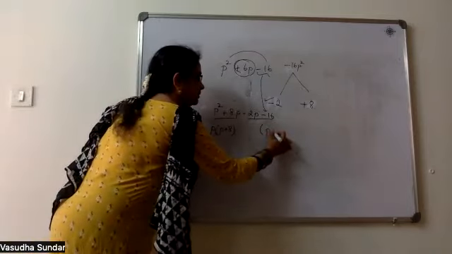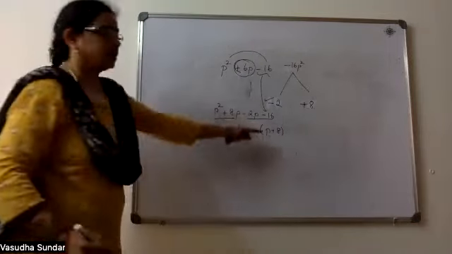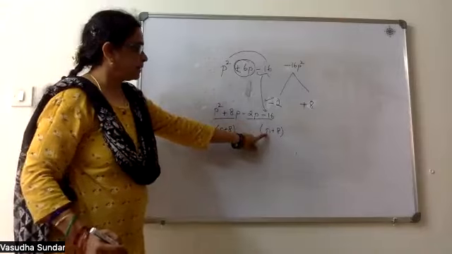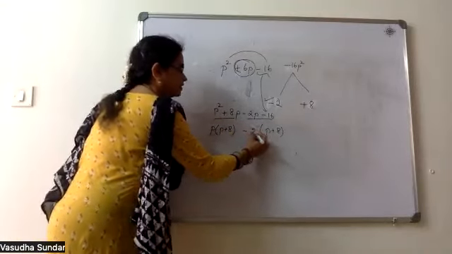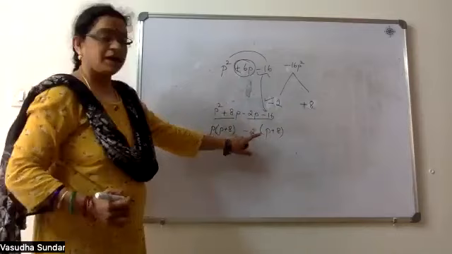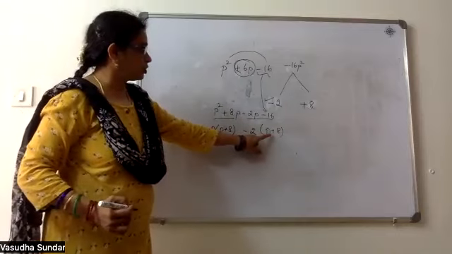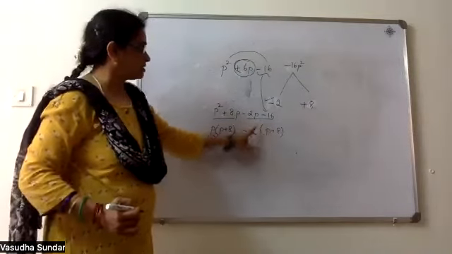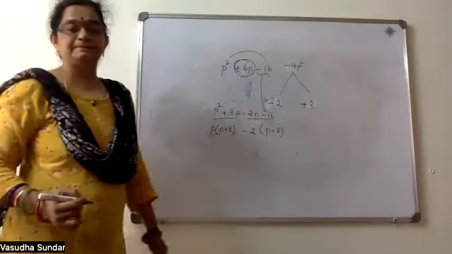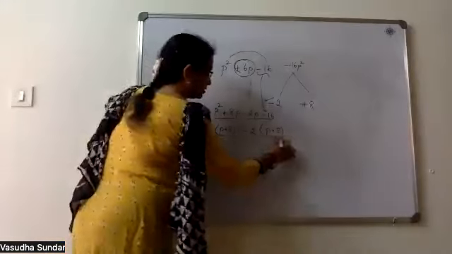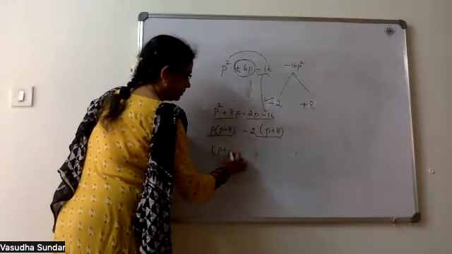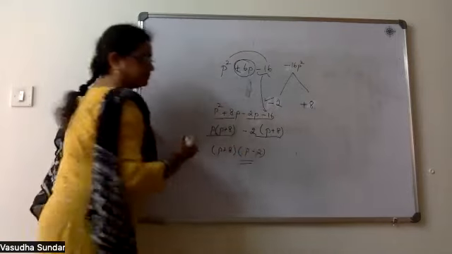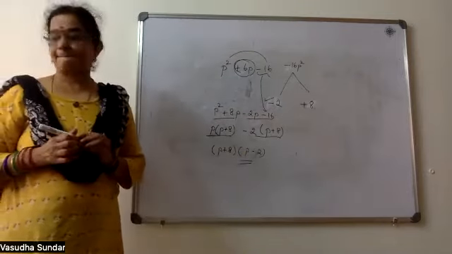I'll just write p plus 8 here and I'll adjust outside. Now I have a minus 2p, I have a plus p, so I put a minus 2 here. So look at this, verify again. Minus 2 into p is minus 2p, and minus 2 into plus 8 is minus 16. Now this and this, I put a p plus 8. What remains? P minus 2. Is this clear?